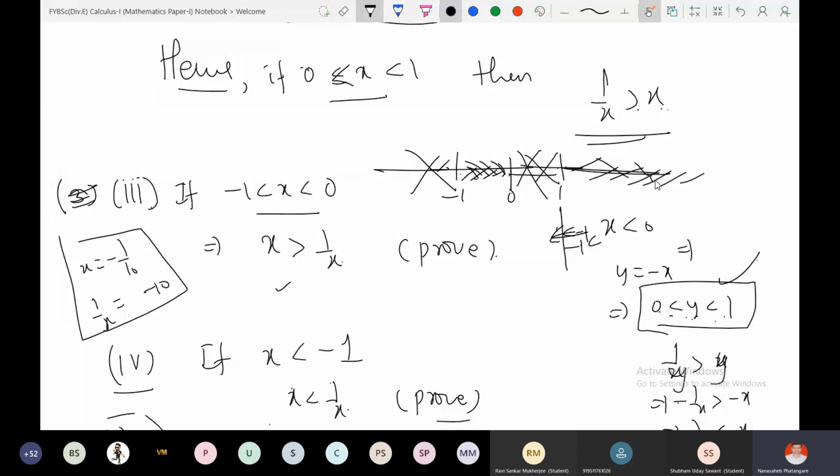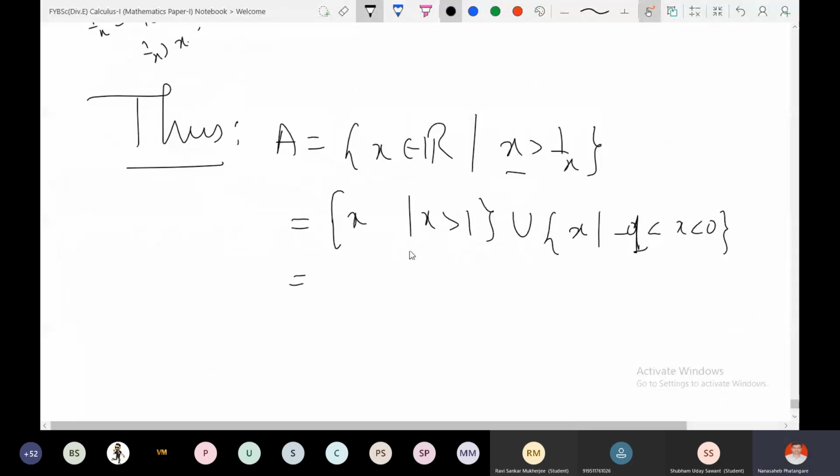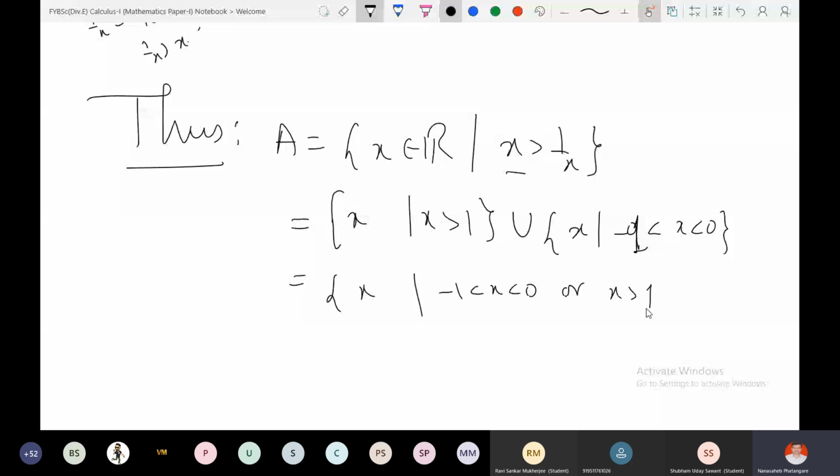So what is ultimately our set? All numbers x such that minus 1 less than x less than 0 or x greater than 1. Or alternatively minus 1 to 0 union with 1 to infinity. So this is an alternative way we can express this set.